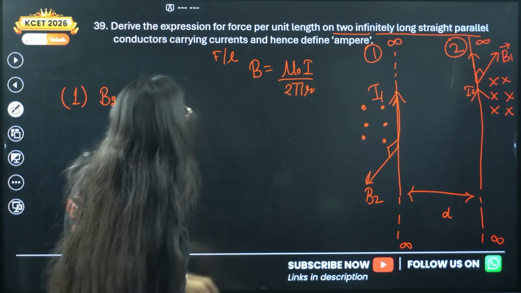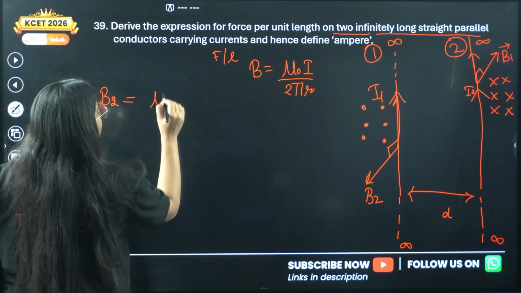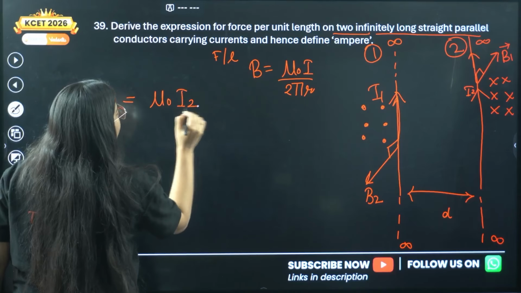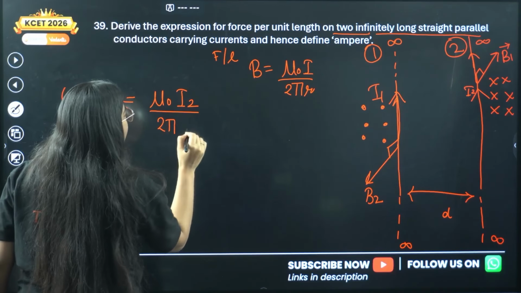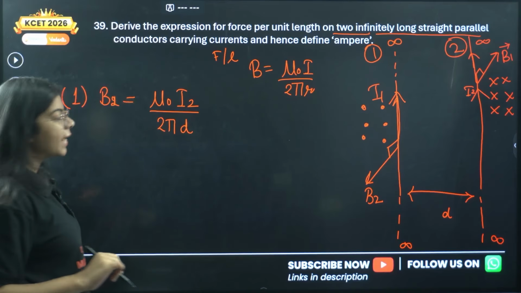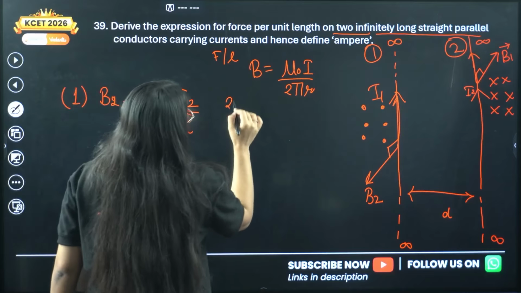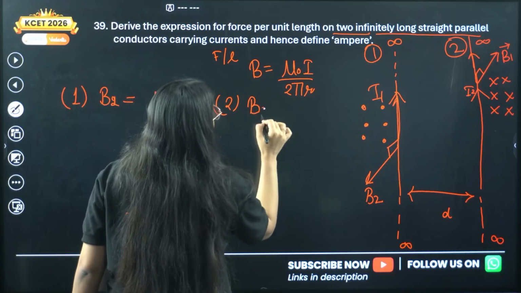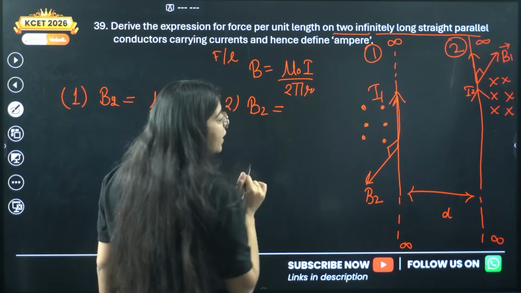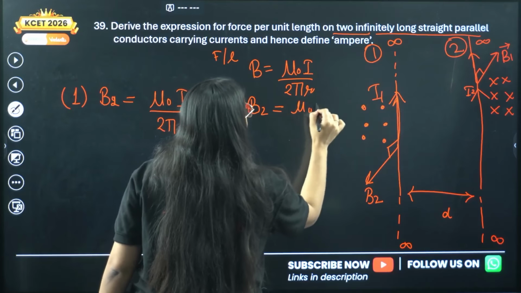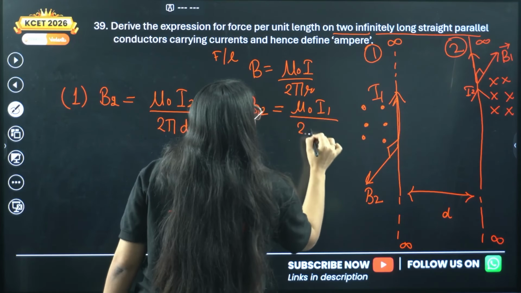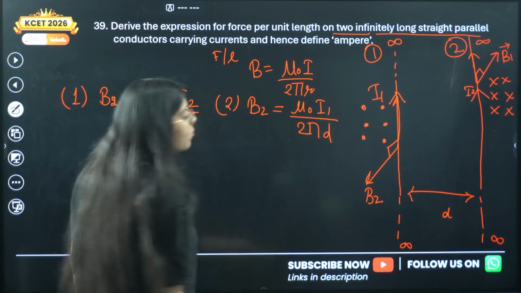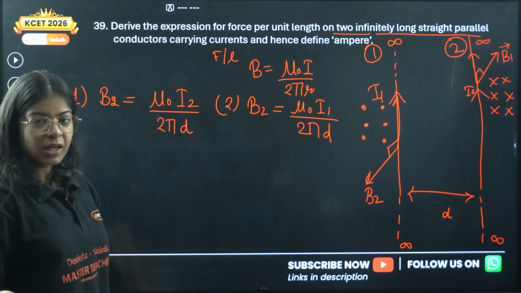So because of second wire, B2 will be mu naught I2 divided by 2 pi D, correct? For second wire, B1 will be due to I1, so that will be mu naught I1 divided by 2 pi D, distance is same, so that is D, correct?